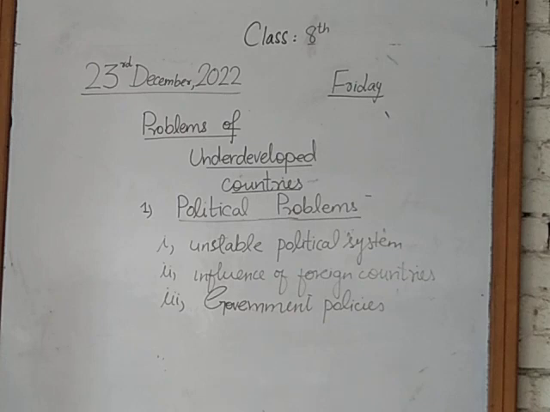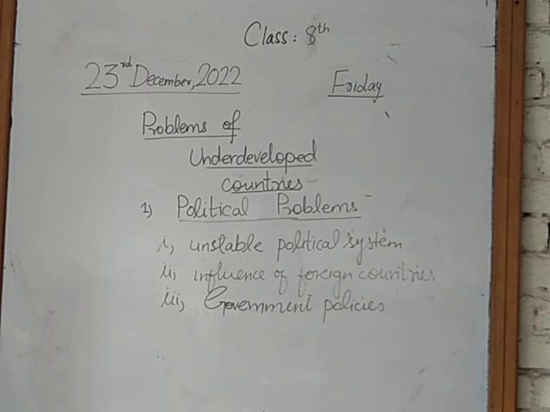Let's wrap up. Firstly, we have studied developed nations and underdeveloped nations. Now, can you tell me what are developed nations and underdeveloped nations? Yes, developed nations are those that are economically stable, but underdeveloped nations are those that are not economically stable. What are the different problems faced by underdeveloped nations? Let's discuss them.